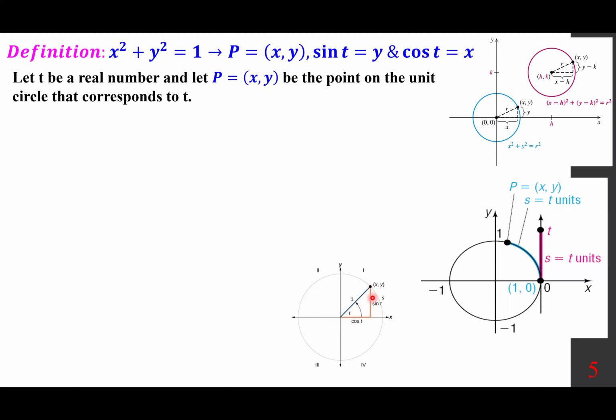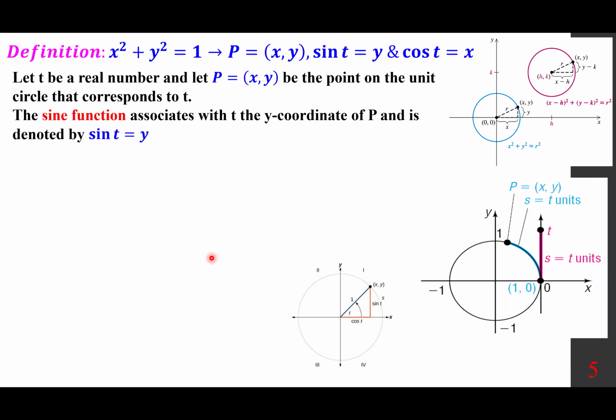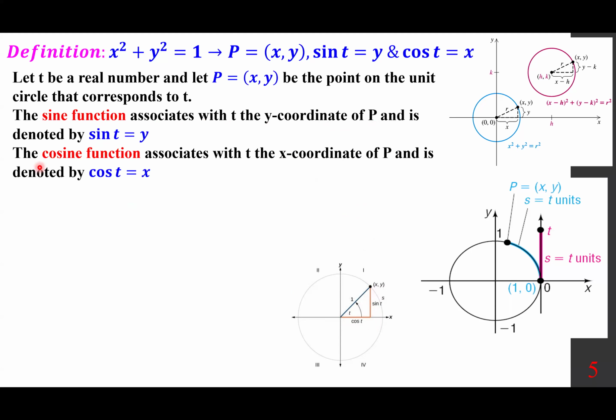And we're going to go over the justification for that in a moment. The sine function associates with t the y coordinate of P and is denoted by sine t equals y. The cosine function associates with t the x coordinate of P and is denoted by cosine t equals x.